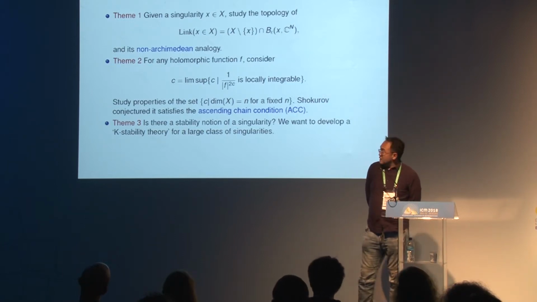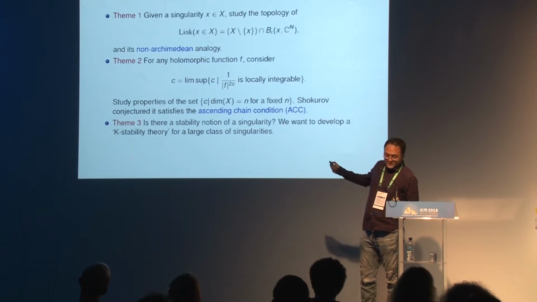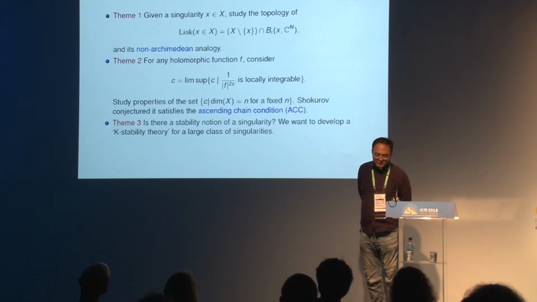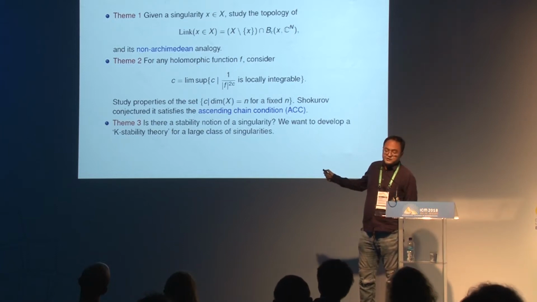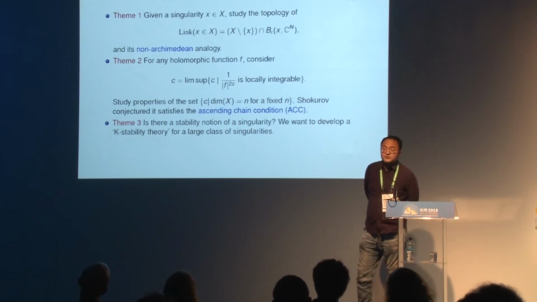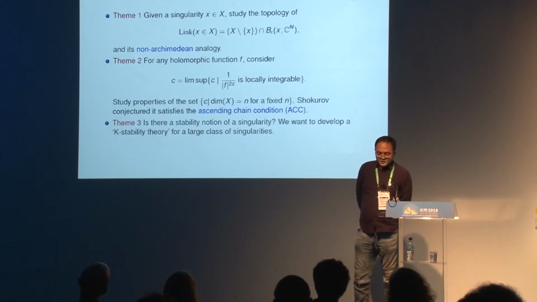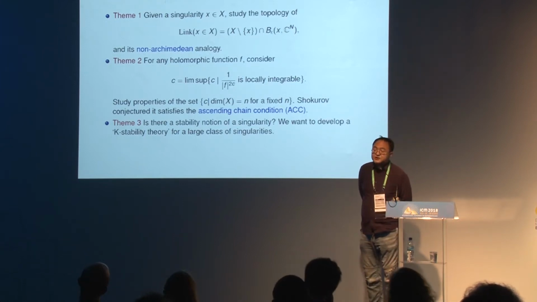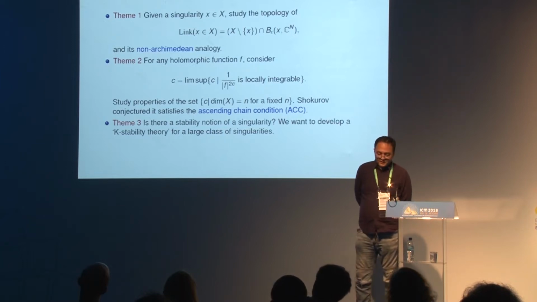This is a very classical way to study singularities. By Milnor's work, we know the link carries all the topological information of the singularity, so it's very important to study it. We will talk a little about how to use birational geometry to study this, and also its non-Archimedean analog. So this is theme 1.